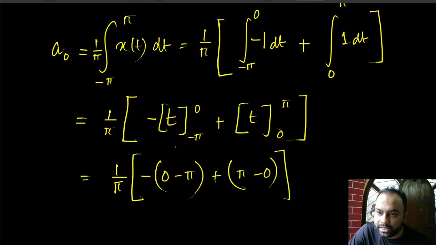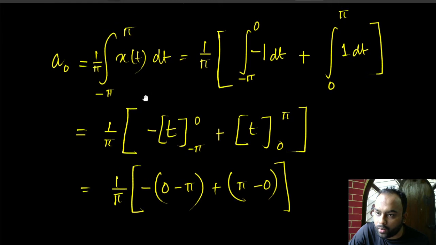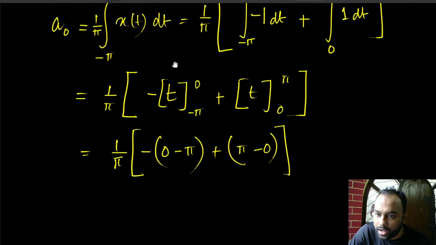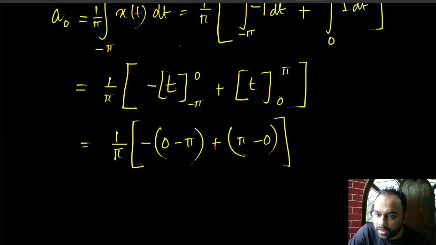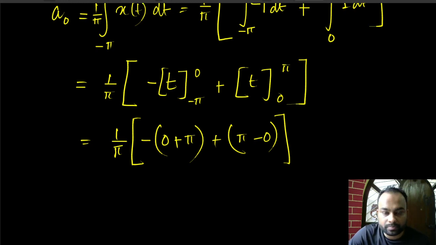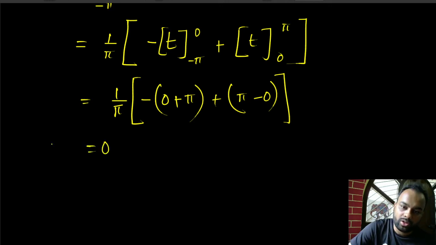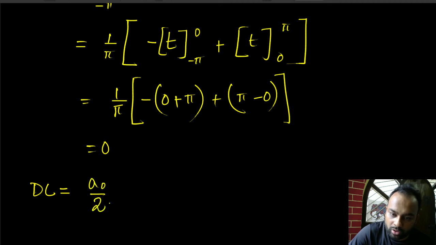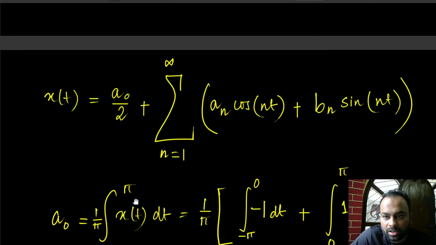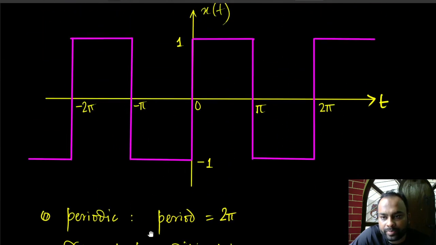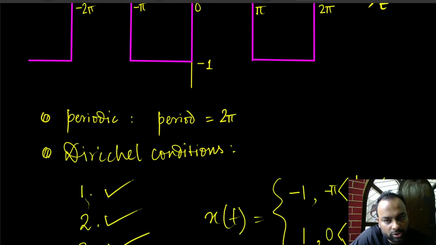Wait a second, sorry, 0 plus pi, 0 minus of minus pi. So the answer is actually 0. So the DC component A0 by 2 is actually 0. We just cleared that up. So for this signal, the DC component is 0. So we understood that.